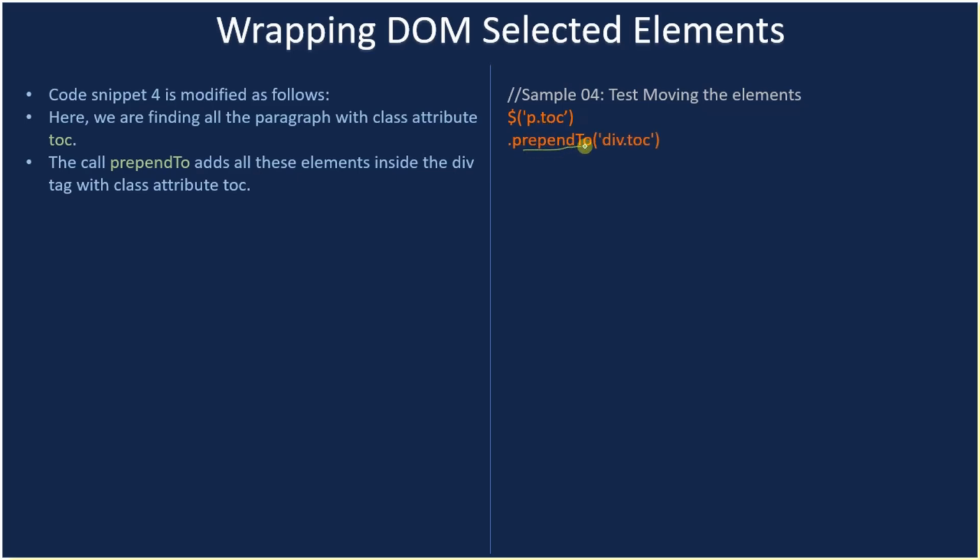We know that this will give us 4 paragraphs, and we are adding all those to the table of contents, div.toc. That means the 4 elements will get added as the topmost children of the div.